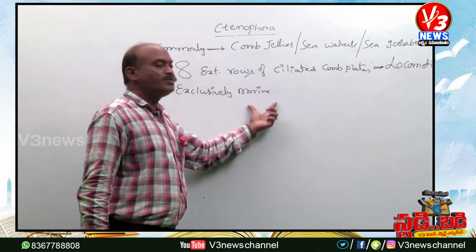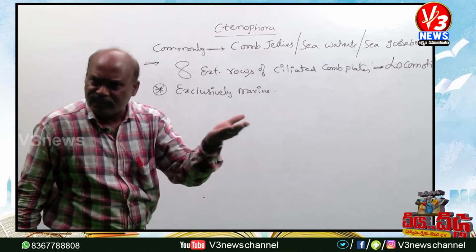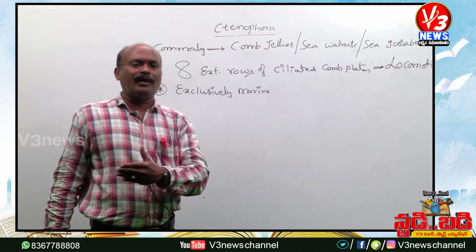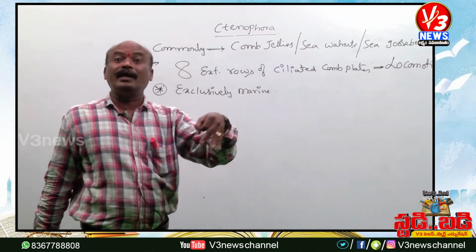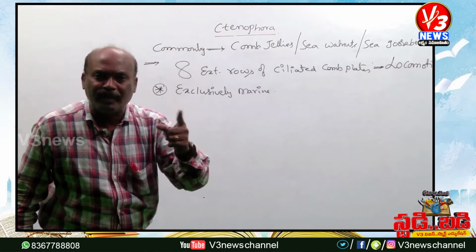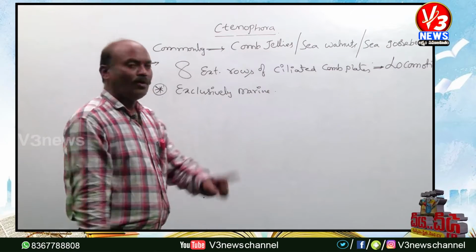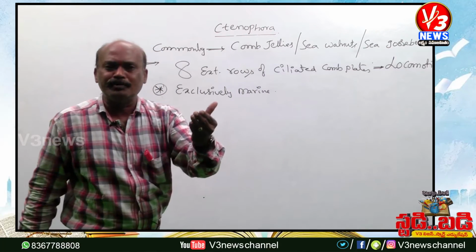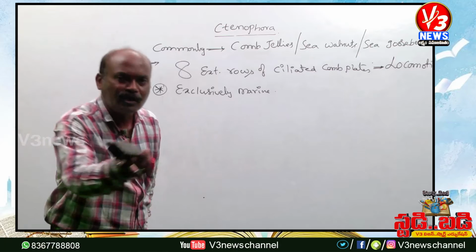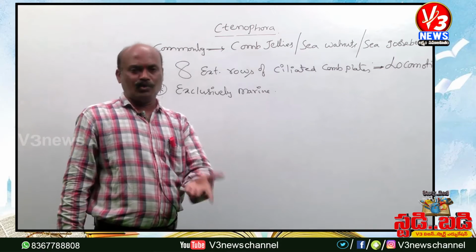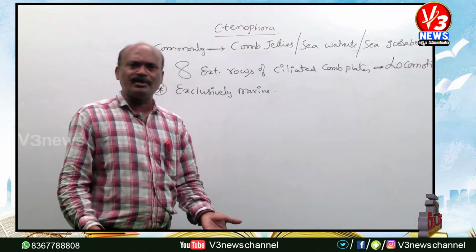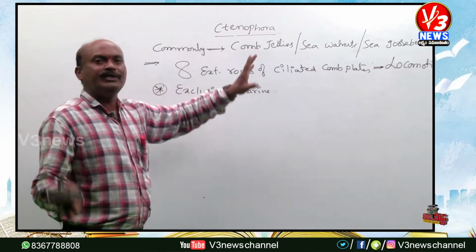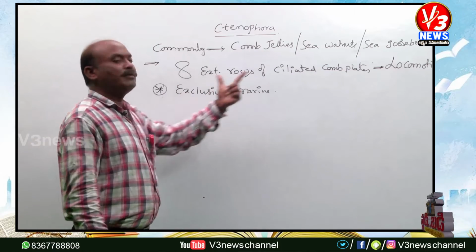There are no freshwater animals in this group. In your entrance examination, they will ask a question: which of the following have a completely marine habitat? They will give one option, Ctenophora, second option, Echinodermata, third option, both 1 and 2. That is the correct answer, because echinoderms and ctenophores are exclusively marine.